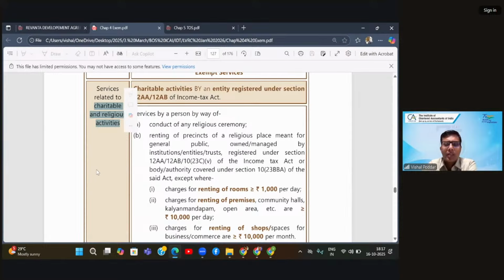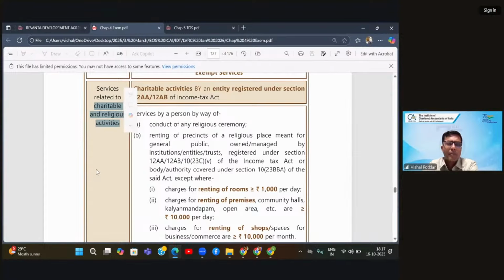When you read these sections, you understand that under income tax law, if a trust is registered as a charitable trust, then in general, any activity done by them which is of general public utility can be exempted, obviously fulfilling the different conditions and compliances.